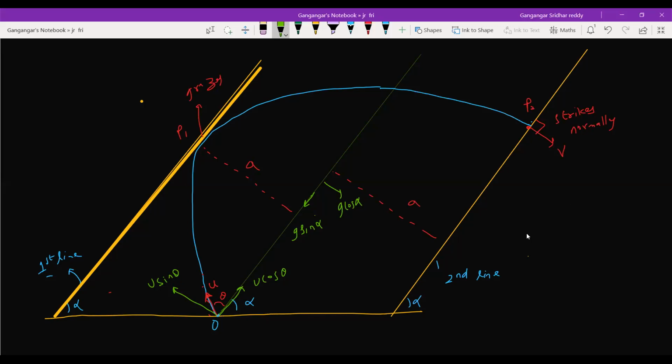It could be acute also, right, sir? See, my dear, I think I made things clear. The diagram appears as theta plus alpha. I'll put one simple condition. I think it's over, no?